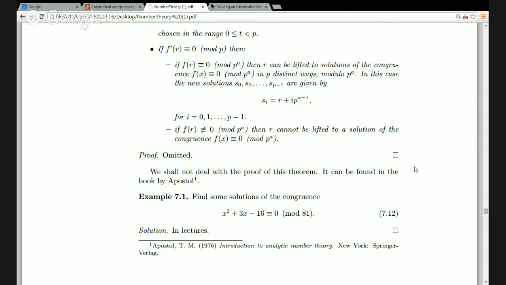So finally our solution S is 7 plus 27 times 2, 61. So the claim is x equals 61 is a solution to f of x congruent to 0 modulo 81.